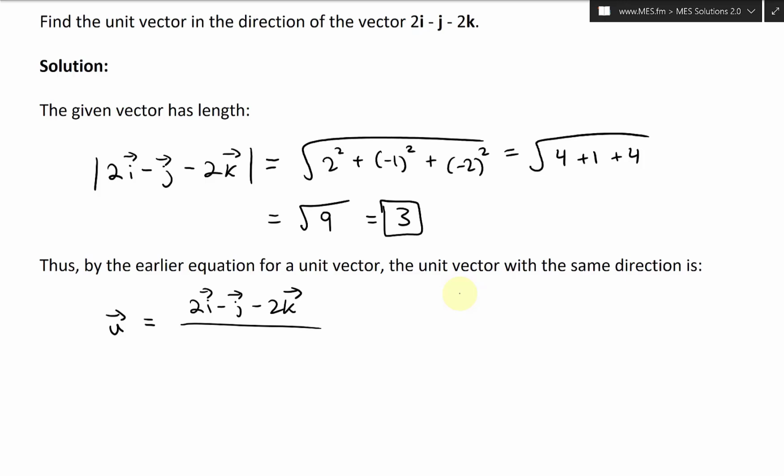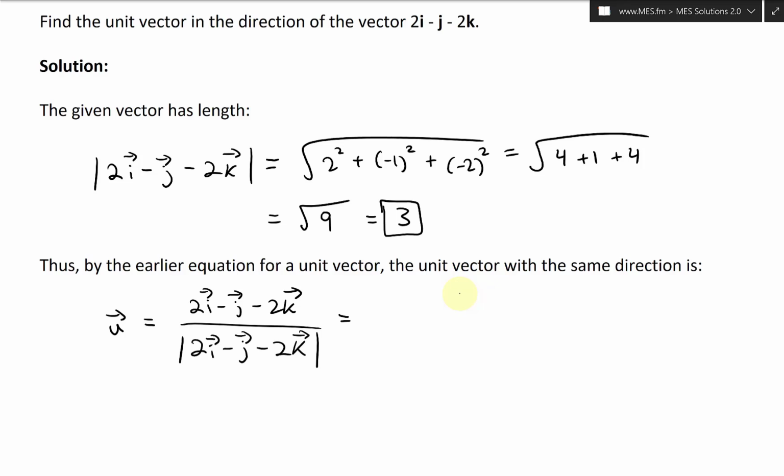Then divide this by the length. So put this in notation, the 2i minus j minus 2k with the vertical bars, like that. Let's make it a bit neater.